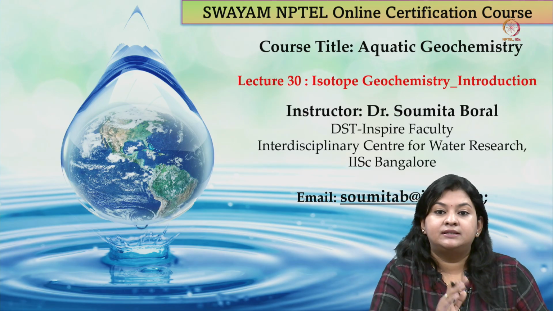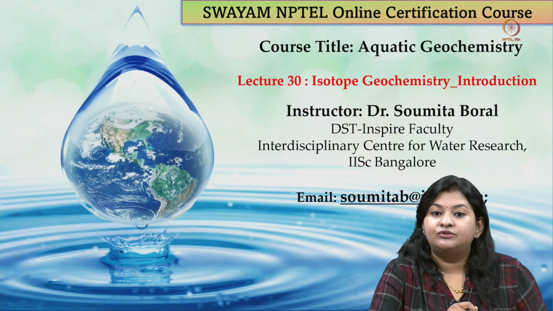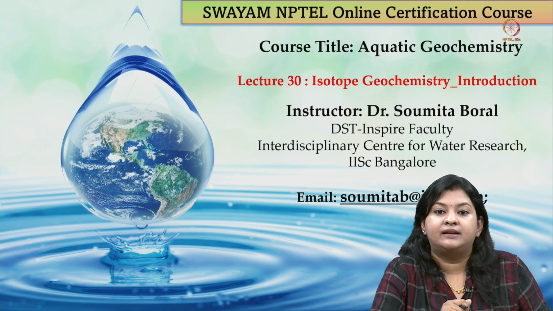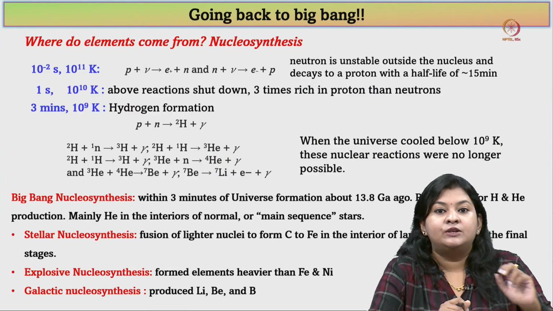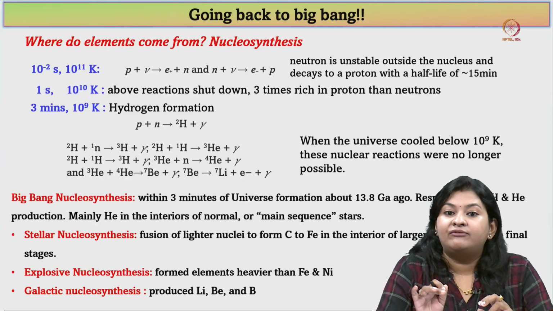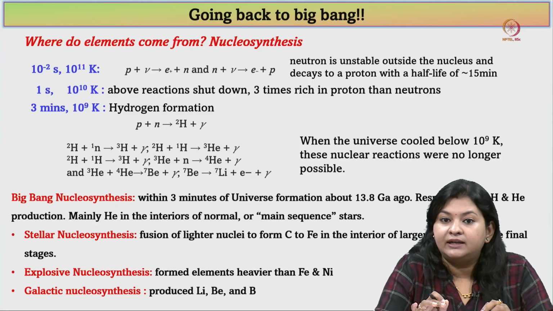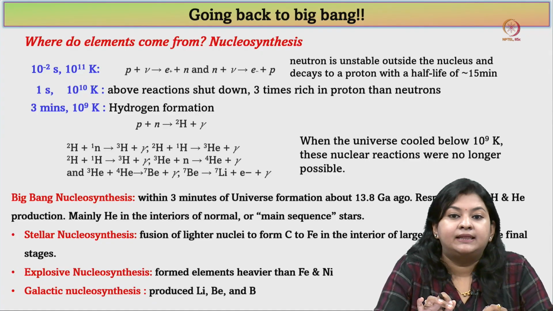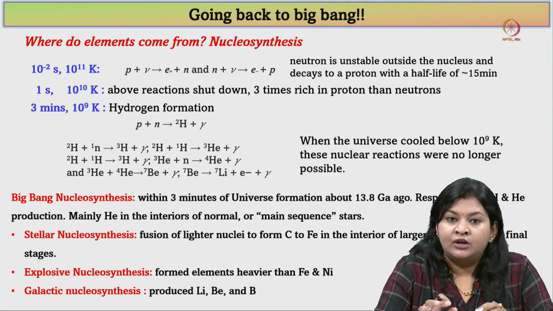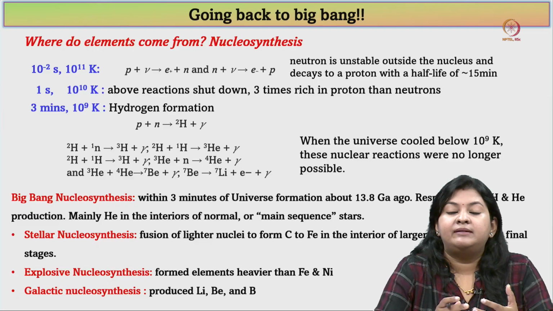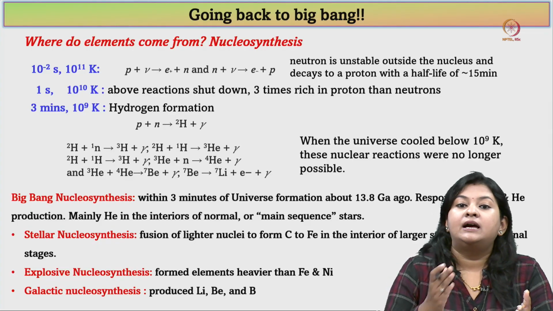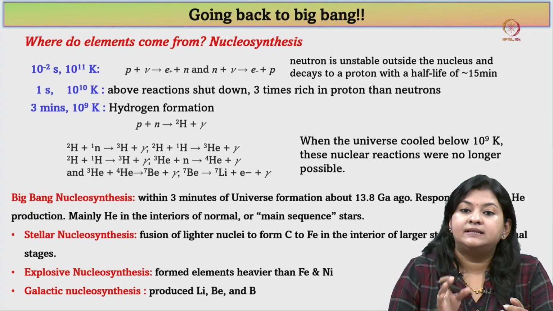So, our first understanding should be how these elements are getting formed. We are going to start everything from the starting point of our universe, that is the Big Bang theory. So, how do the elements form? That is the science of nucleosynthesis.